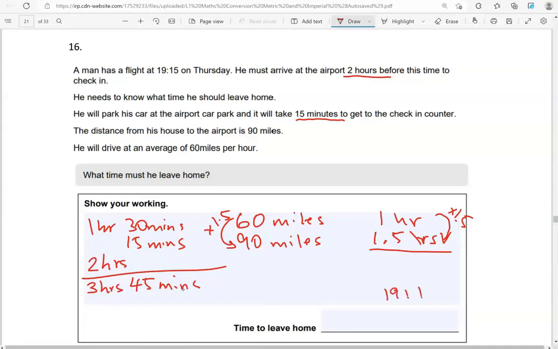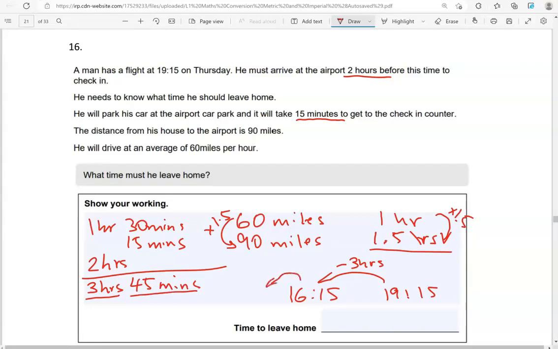So 19:15, going back by 3 hours. So 19, take away 3 gives us 16. So 16:15. Now we've got to go back by 45 minutes.